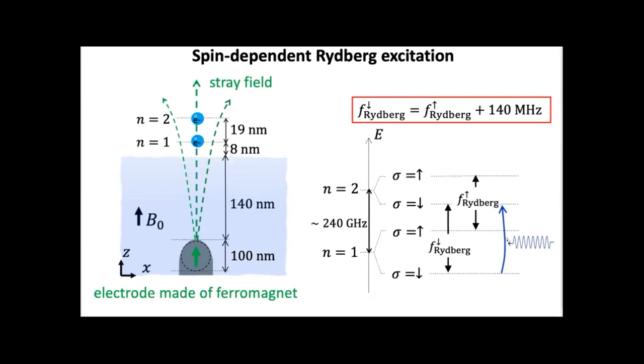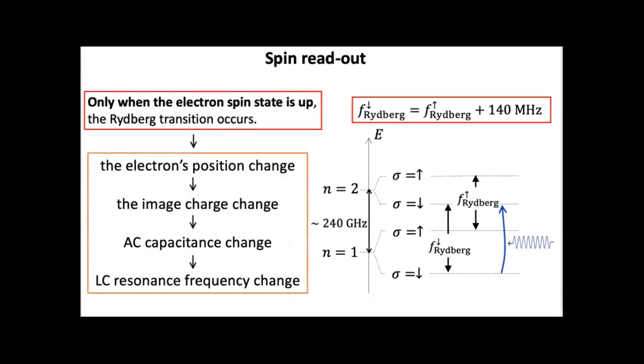So if we apply the microwave whose frequency corresponds to this energy difference, we can have the capacitance change only when the spin state is down. So this is our plan.